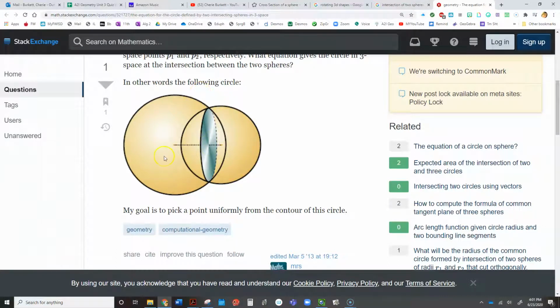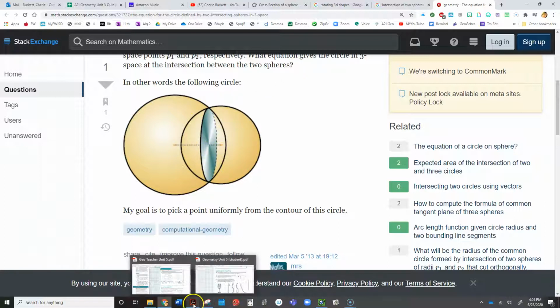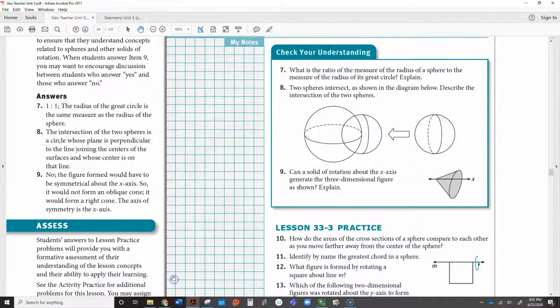Basically what you have to see is that this sphere at some point is going to act like a plane, and the place where all of their points are touching each other will end up being this circle right here. That's what they're talking about when they say the intersection of two spheres is a circle whose plane is perpendicular to the line joining the centers.